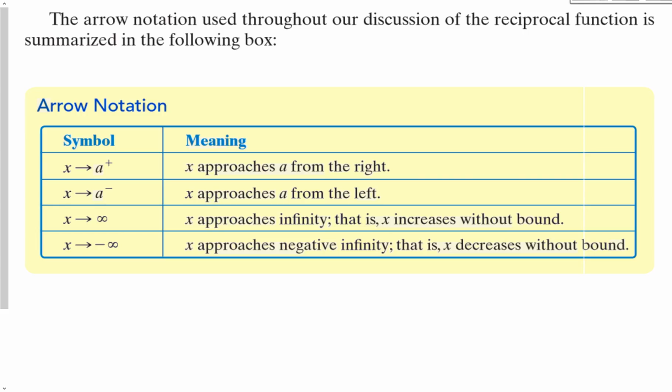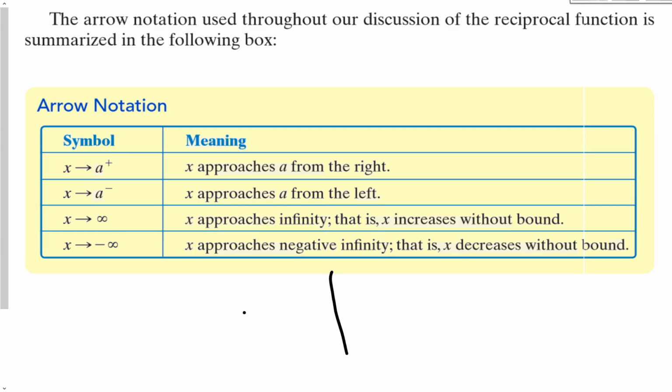The arrow notation used throughout our discussion of the reciprocal function is summarized in this following box: as x approaches a from the right, as x approaches a from the left, as x approaches infinity, as x approaches negative infinity.